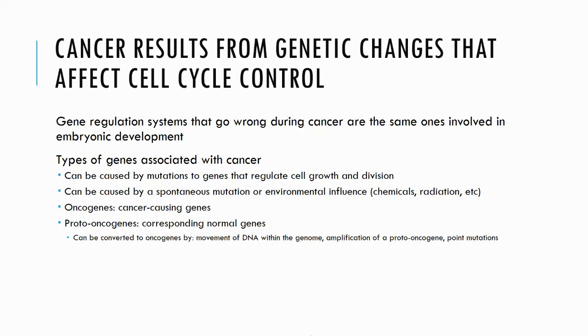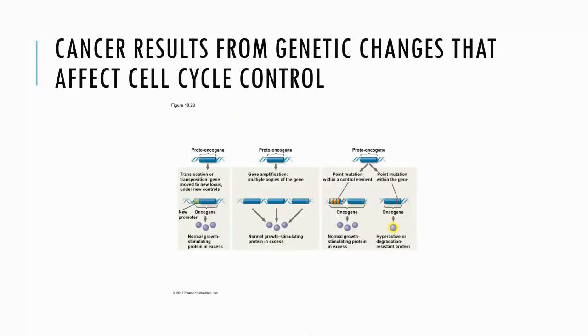And proto-oncogenes can be converted to oncogenes by movement of DNA within the genome, amplification of a proto-oncogene, and point mutations. We have normal and the ones that generally can lead to cancer. And so there's a picture example of all of that here in figure 18.23. You can see our proto-oncogene and what can happen with that as it can either function normally or get turned into an oncogene.